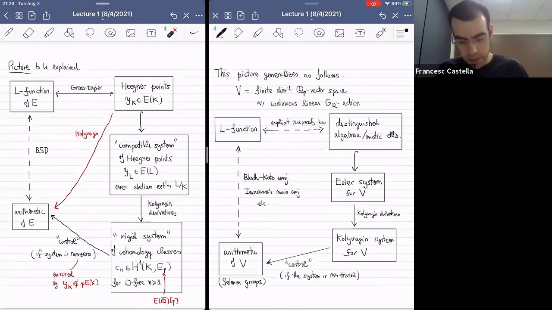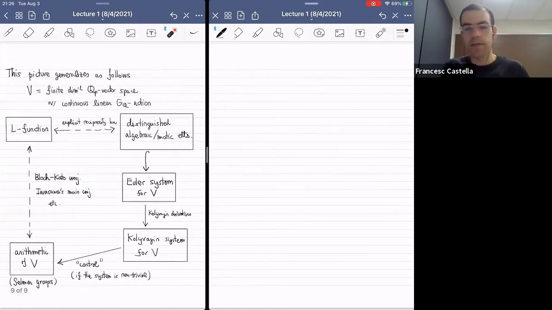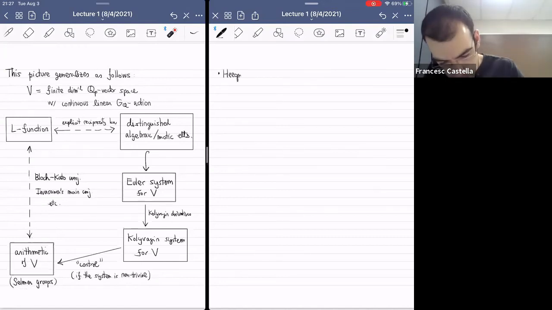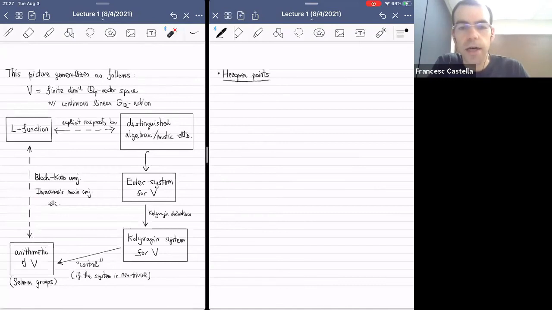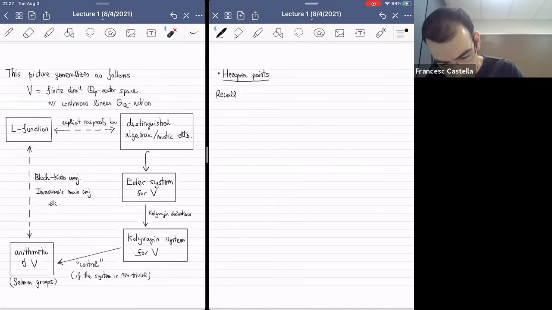Okay, very good. So next, let's define Heegner points. First, a brief review from the theory of complex multiplication. So recall, let's take K an imaginary quadratic field.